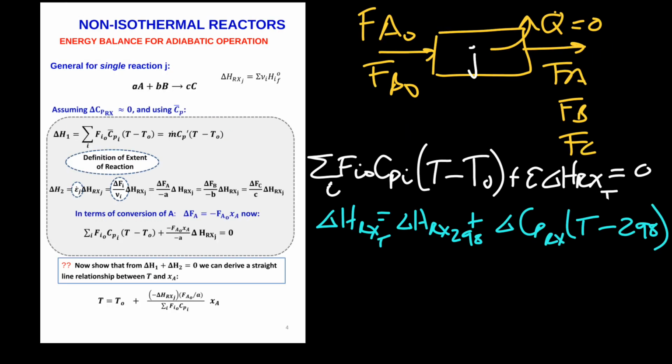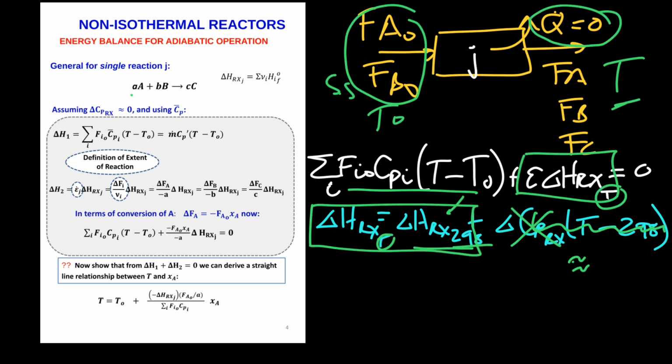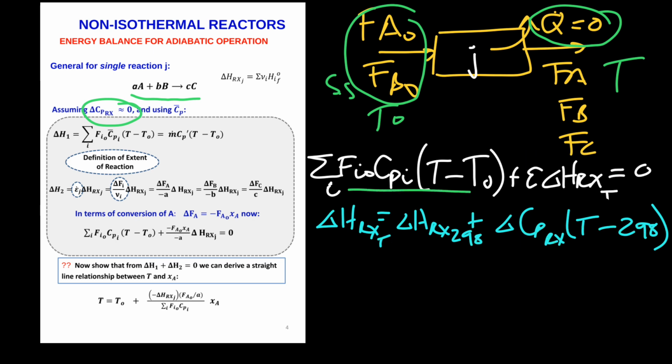Let's now consider just any arbitrary reaction with stoichiometry as shown to apply this simplifying assumption. So whatever comes into my steady state adiabatic reactor, I heat up from the inlet temperature to that outlet temperature. And then I account for the change in moles at the outlet temperature.